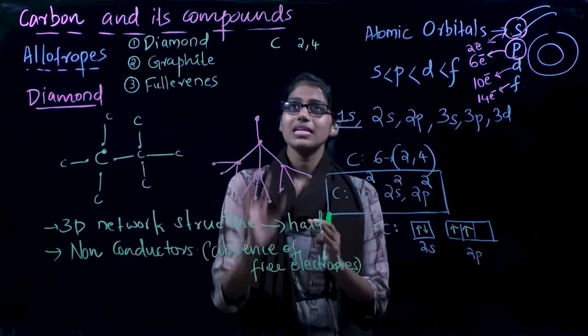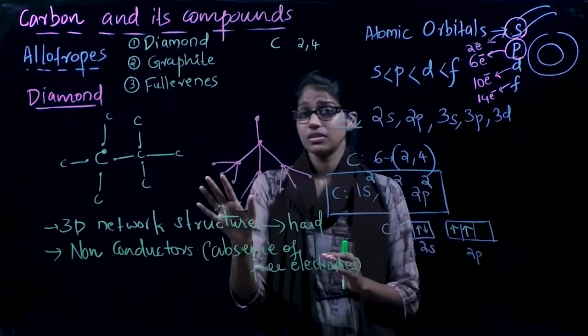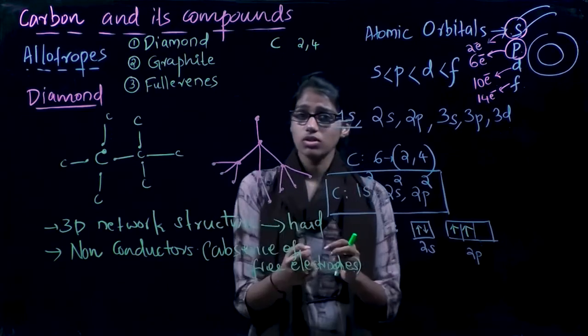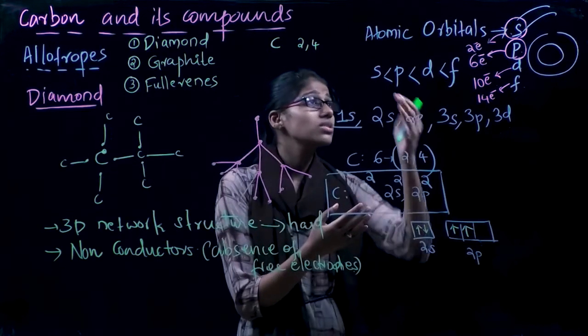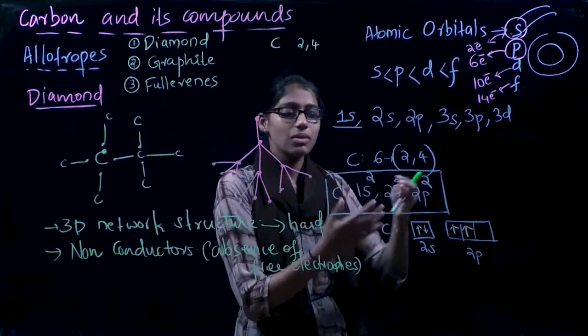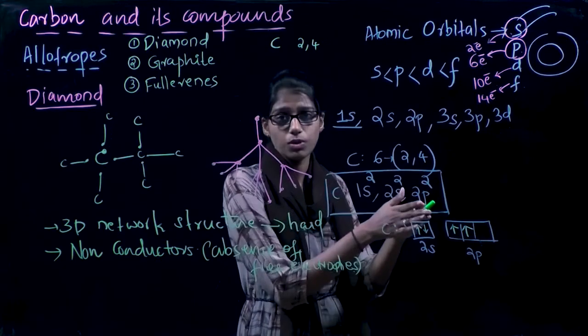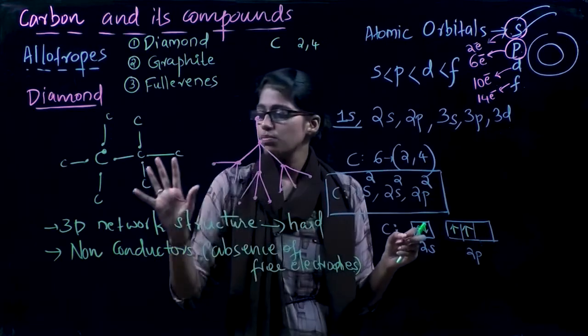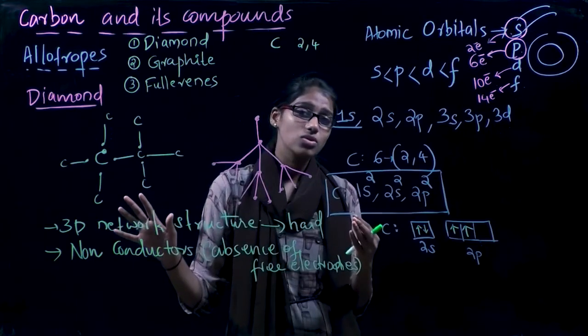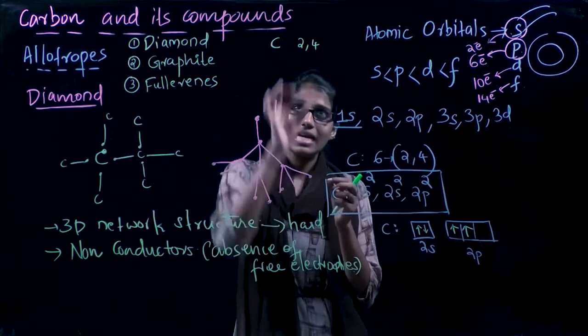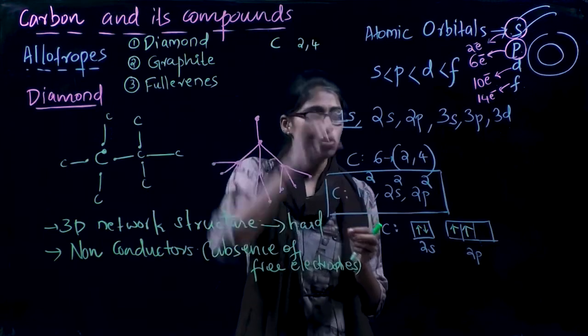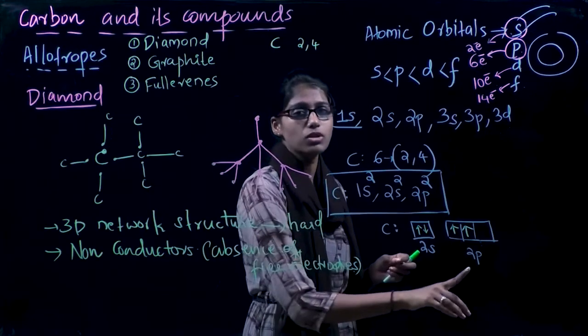Just have an idea that 2, 4 was the representation we used for carbon, but now according to the modern concept we are introducing the atomic orbitals, and its representation is 1s2, 2s2 and 2p2. Whenever you consider bond formation, only valence electrons take part in bonding, so let's represent only the 4 electrons present in 2s2 and 2p2.